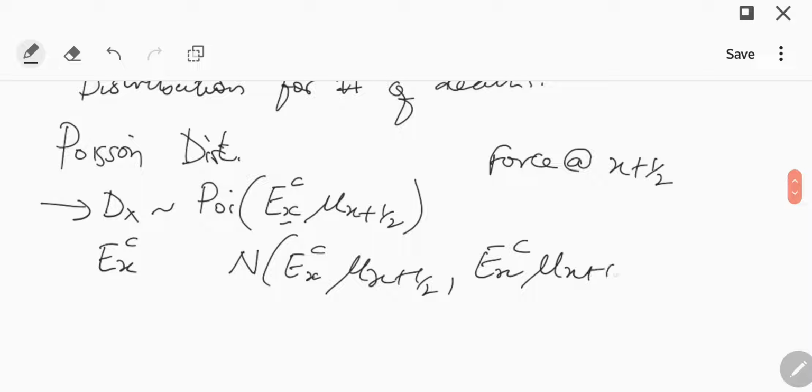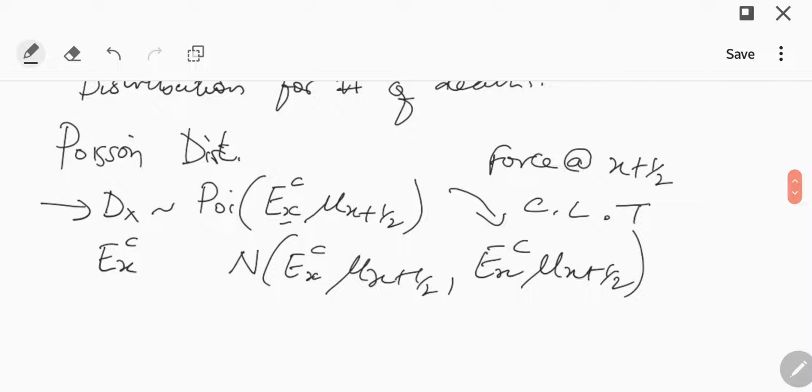So this is the central limit theorem assumption. So if I'm assuming that the deaths are following a Poisson distribution, I can model the deaths for the age x as a Poisson distribution, with lambda as the central exposed to risk multiplied by the force of mortality at the age x plus half.